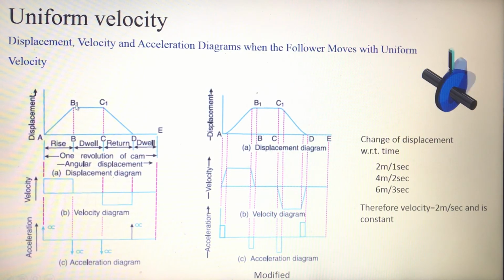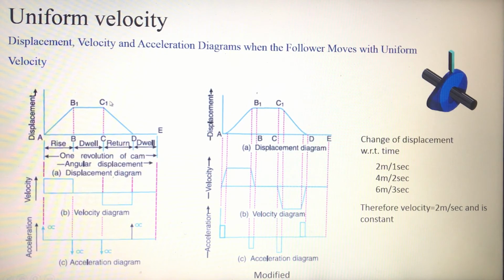Next, after B1 to C1, suddenly the velocity drops from 10 meter per second to 0 within no time. That is a change of velocity divided by 0 seconds, so again you will get infinity.